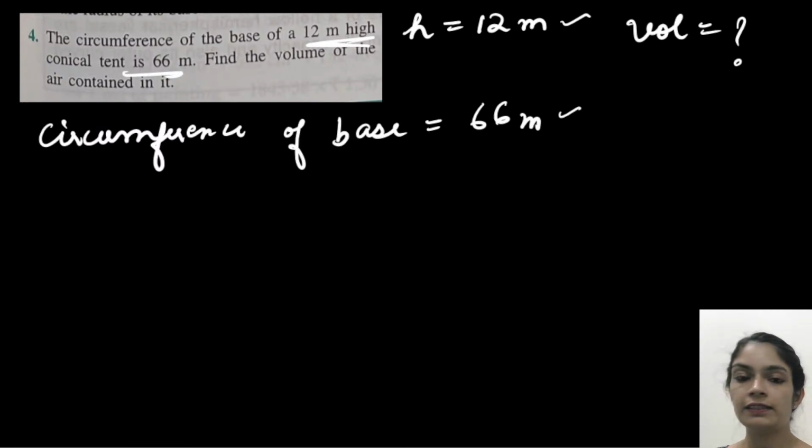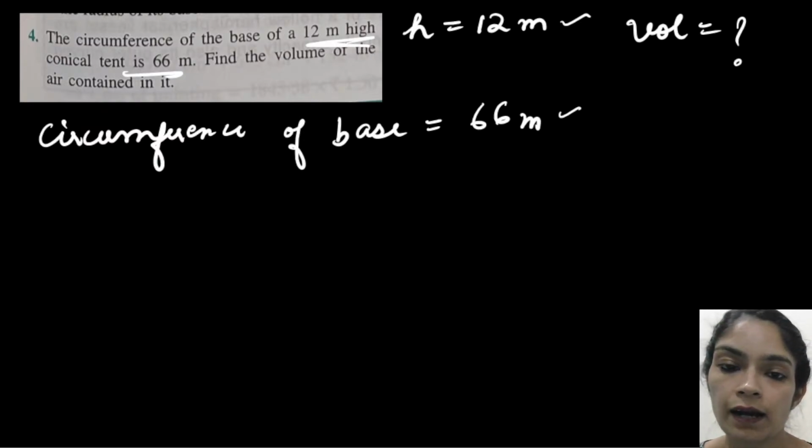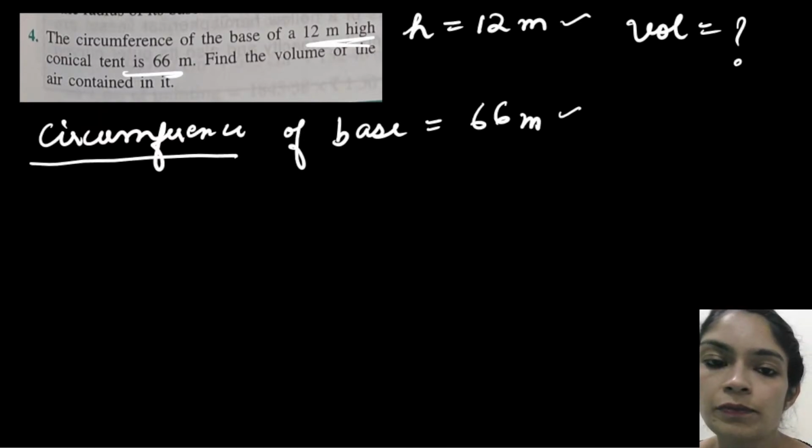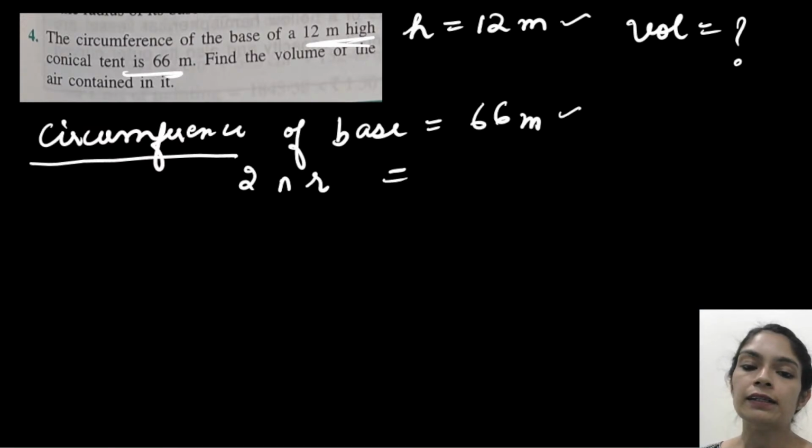I know my students are very brilliant. 2 pi r, yes. So Punita has given the answer, very good. Even Kirtana has given the answer, 2 pi r. Whenever you see circumference, you can write its formula, 2 pi r.